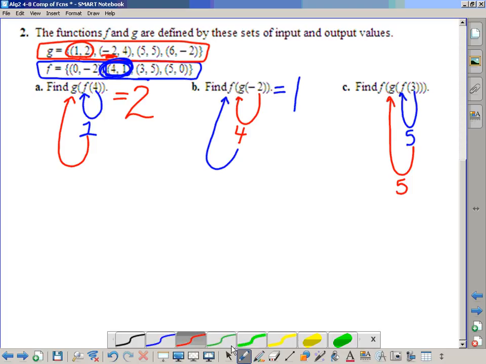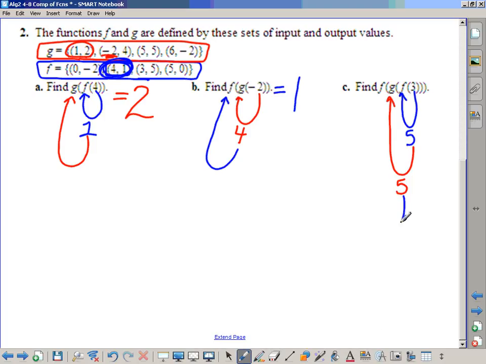But we're not done, because that output still has to be worked into f's function. So f of 3, g of 5, f of 5. So when you look at the f list, when the input is 5, the output is 0. So your final answer here would be 0.